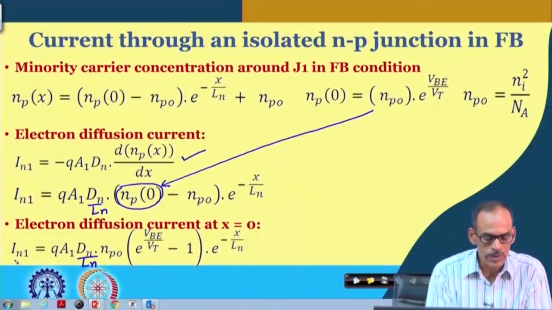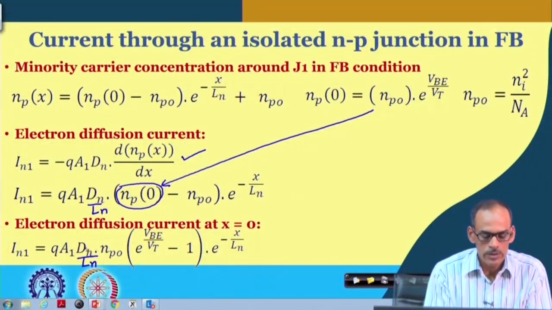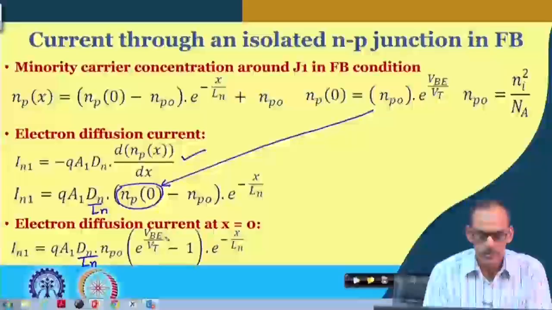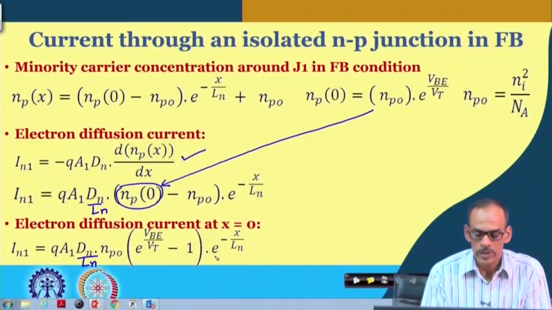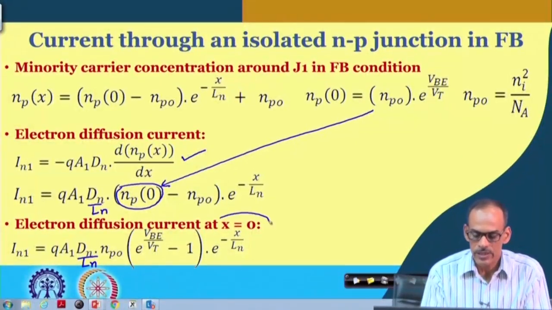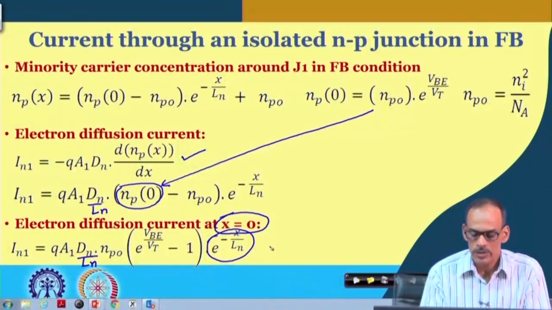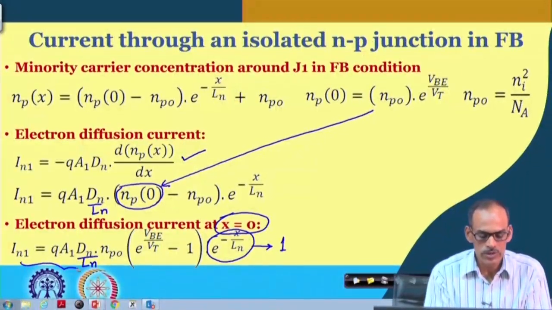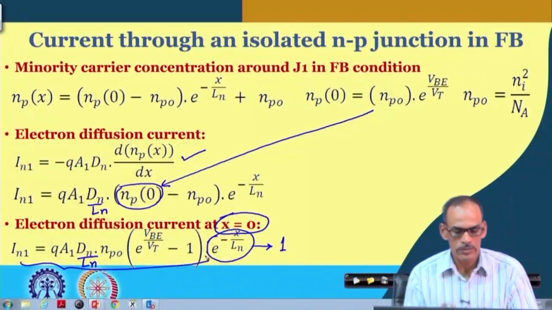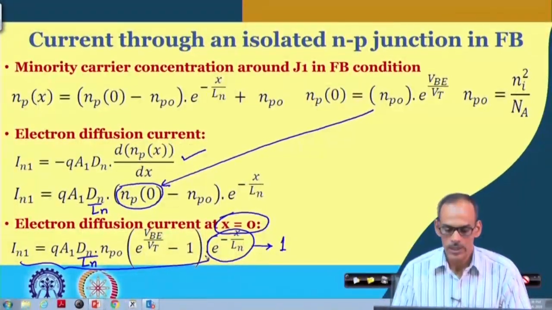The expression of current carried by electrons equals q A_1 D_n divided by L_n, n_p0, e to the power V_B by V_T minus 1, e to the power minus x by L_n. And as I said, if I consider x equal to 0, this part becomes 1, and hence the rest of the things give the current flow carried by electrons.